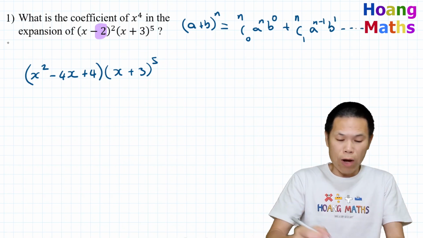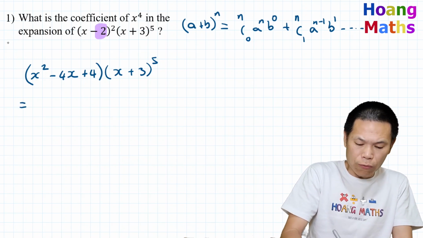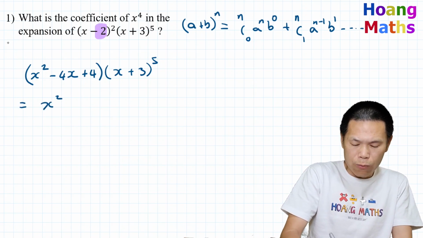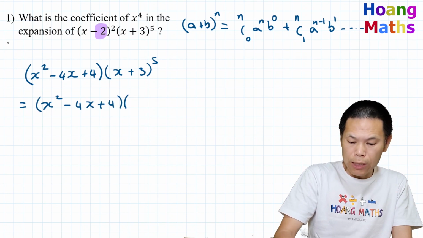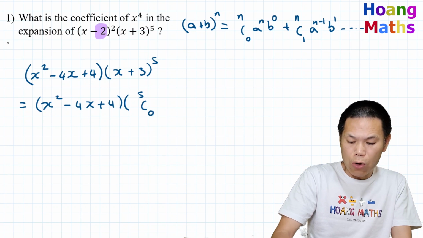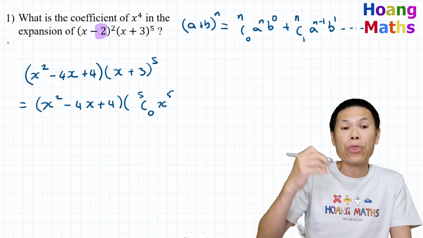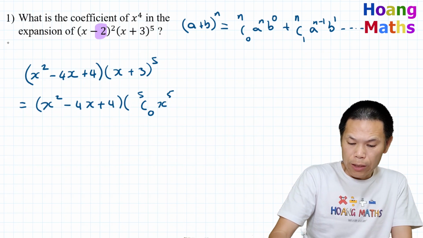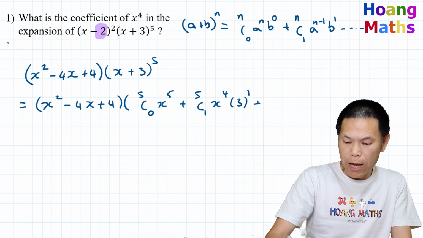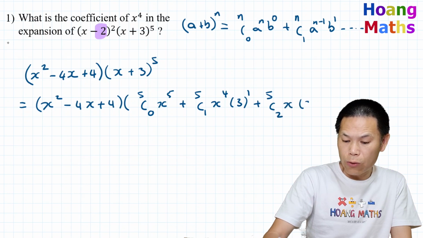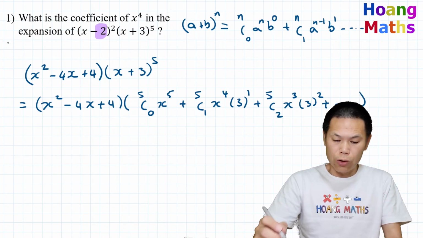Let me rewrite this in expansion form: x squared minus 4x plus 4, times 5C0 x to the power 5 and 3 to the power 0 is 1, then add 5C1 x to the power 4 times 3 to the power 1, and add 5C2 x cubed times 3 squared, and so on.